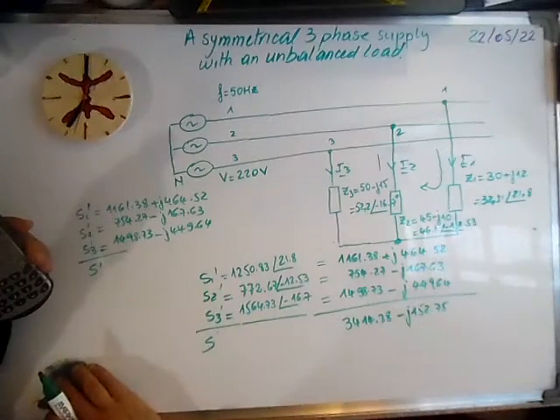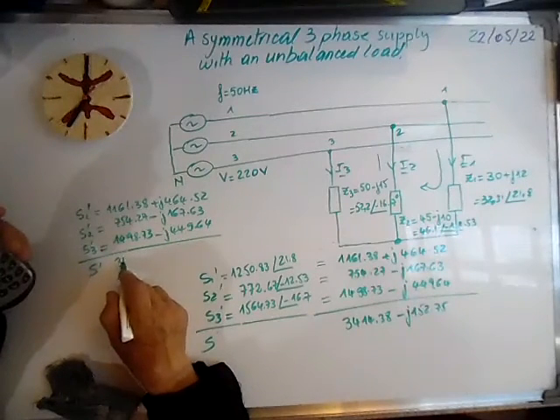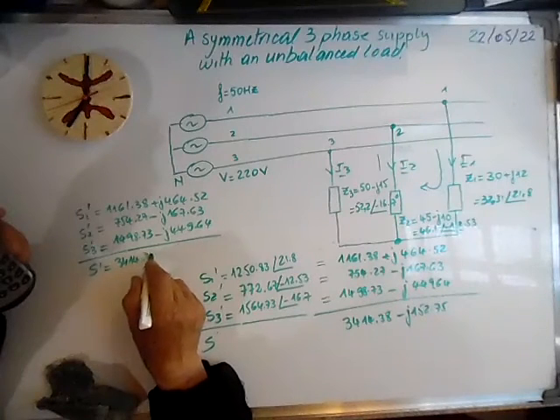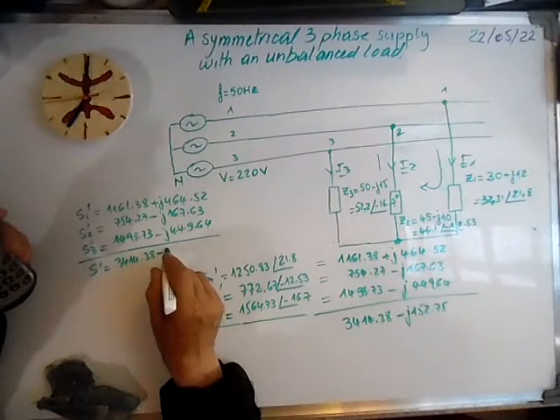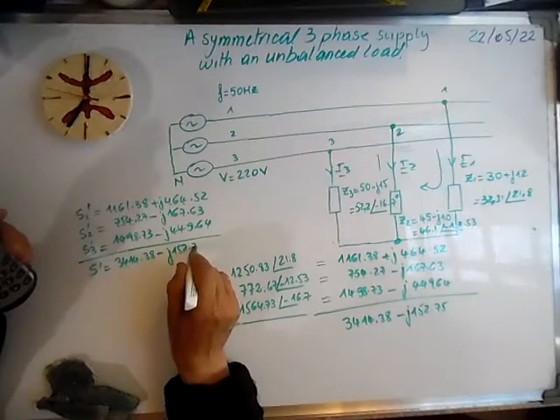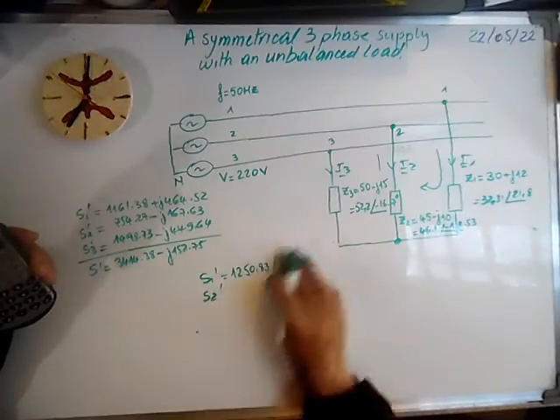Okay, so I can write the total power, 3,414.38 minus j152.75. So we calculated the power taken by the load.